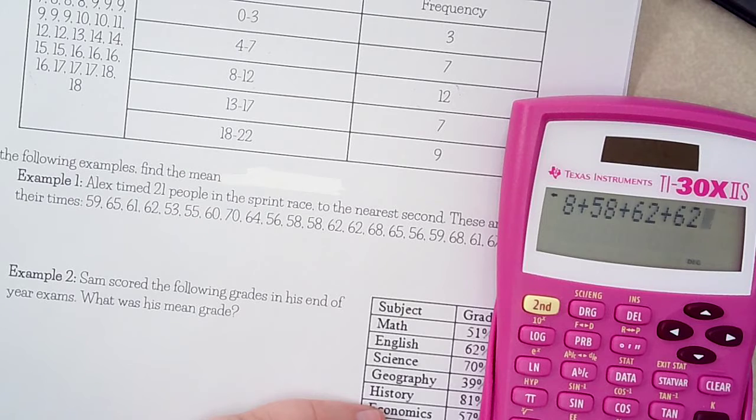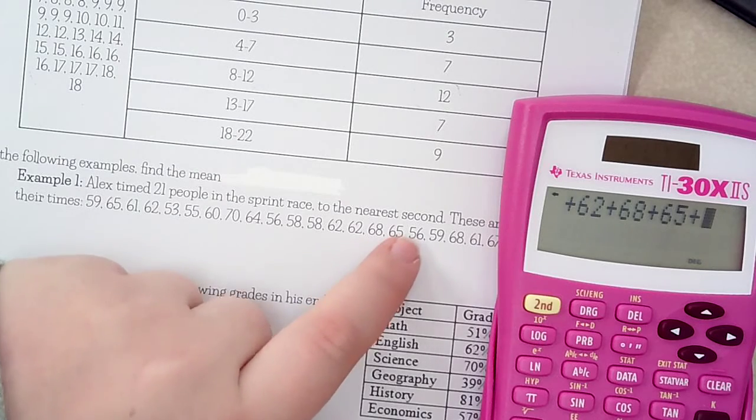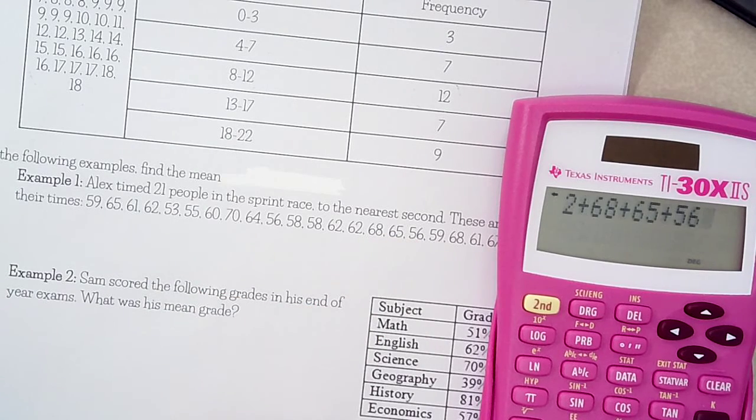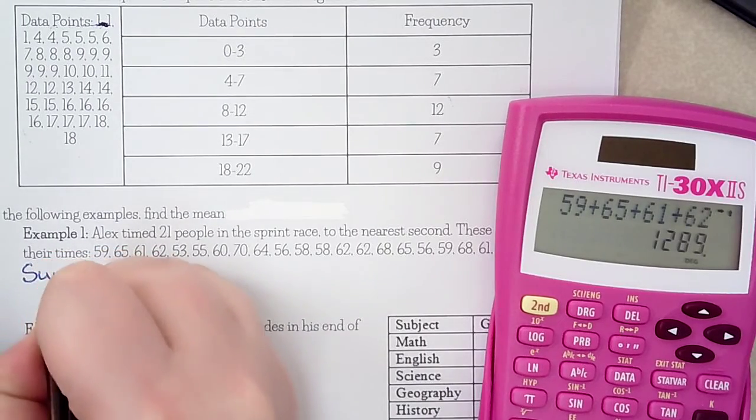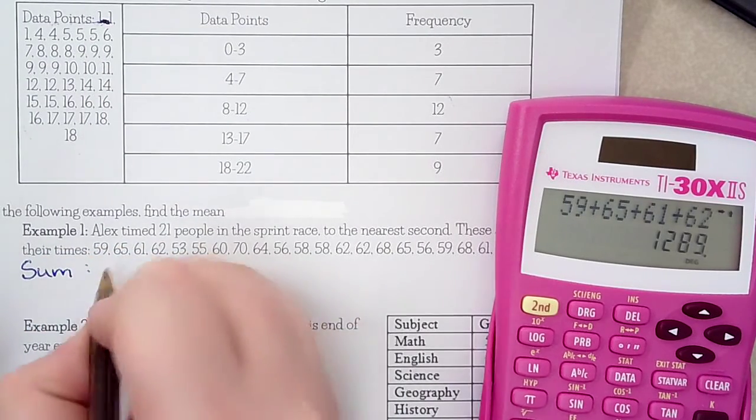So as you can see, I'm just adding up these numbers. I got 68, 65, plus 56, plus 59, plus 68, plus 61, plus 67. So when I do this, as I'm just going through, I like to make notes. So the first thing I make note of is what is the sum.